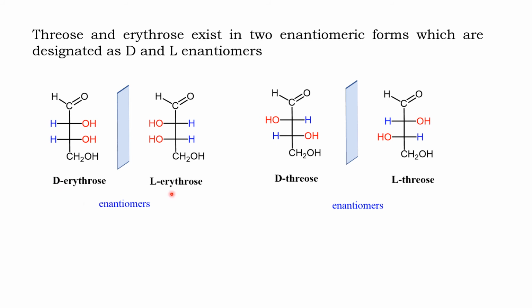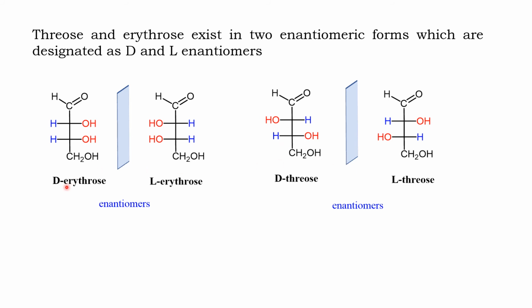See, in this erythro molecule, the OH group is on the left hand side. Hence it is L. Don't get confused with erythro, threo, D and L. An erythro molecule is a molecule in which the same substituents are on the same side. Threo molecules are molecules in which the same substituents are on the opposite side.